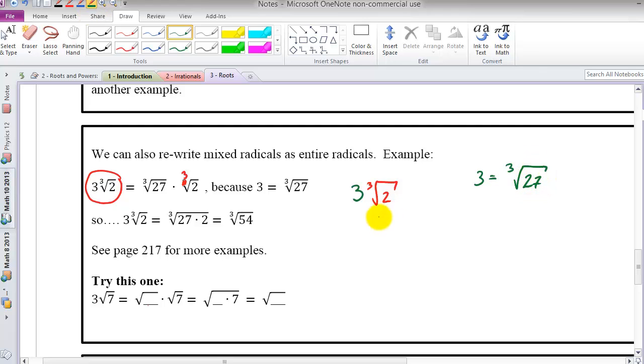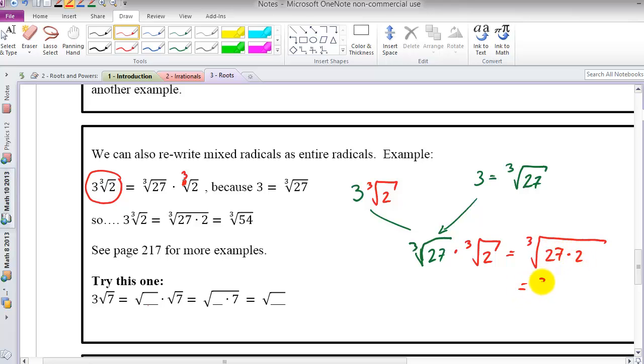So that means I can rewrite this guy as cube root of 27 times the cube root of 2, which is equal to the cube root of 27 times 2, which is equal to the cube root of 54. And there's more examples of doing that on page 57.